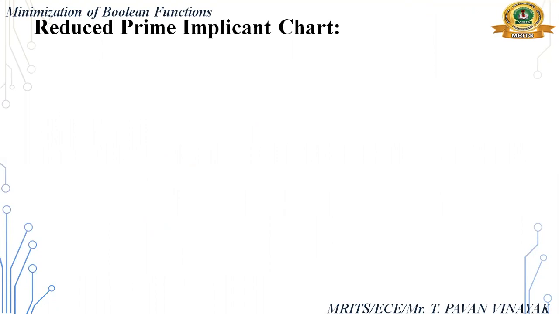How can it be done? In the first step, you find one essential term. Remove those terms horizontally and also vertically. Now you get the reduced prime implicant chart.